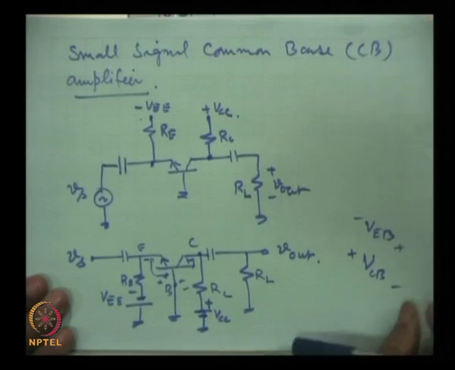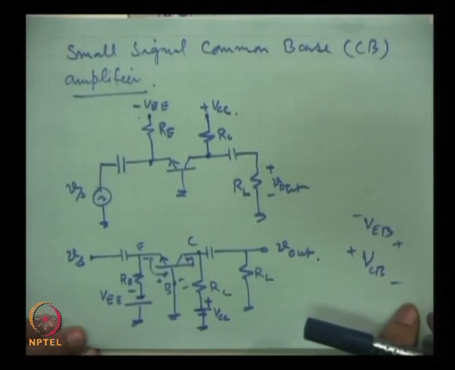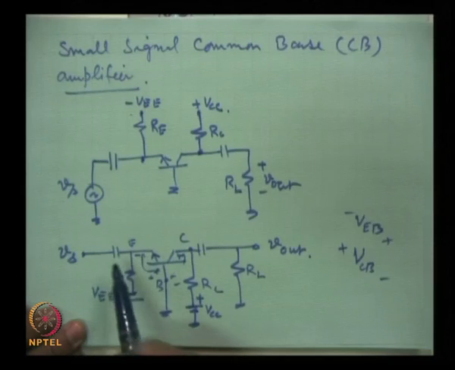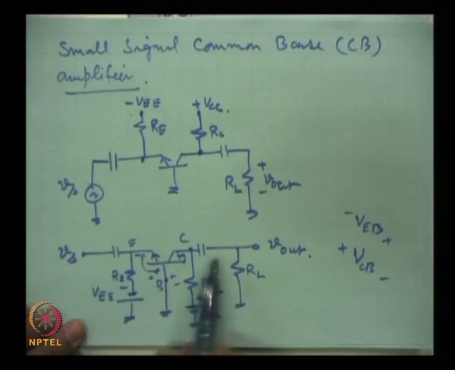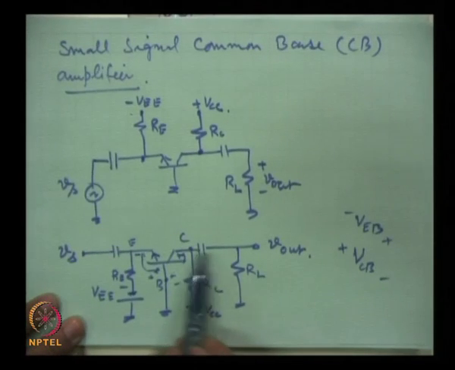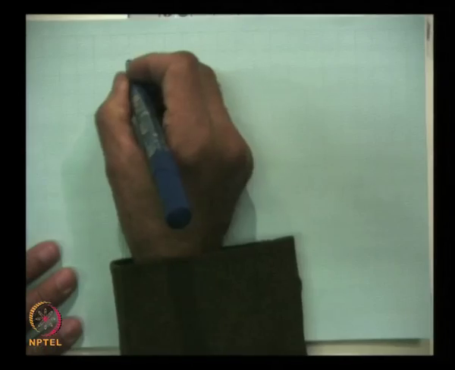We can draw its AC equivalent, and in AC equivalent these capacitors have to be shorted and DC voltage sources have to be grounded. So, its AC equivalent circuit simply will be this.